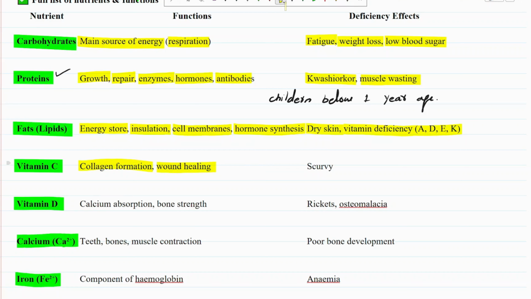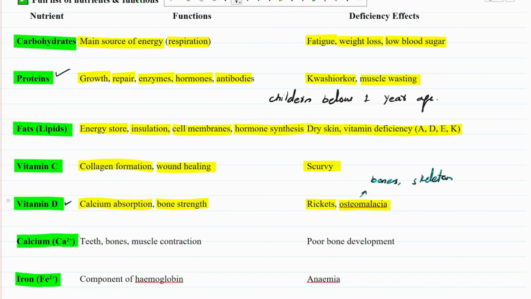And what happens if it's deficient? Scurvy. Scurvy is a disease of the skin, with bleeding gums, bleeding nose, and the skin becomes rough and scaly, etc. Vitamin D is needed for absorption of calcium in the body and provides bone strength. And what happens if vitamin D is deficient? Rickets or osteomalacia. Both of these are diseases of bones and skeleton.